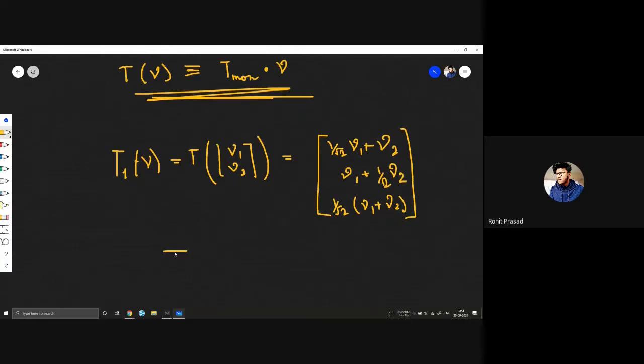What will be the T1 matrix? In the second row, is it 1 by 2 or 1 by root 2? Yeah, it should be 1 by under root 2. Sorry.